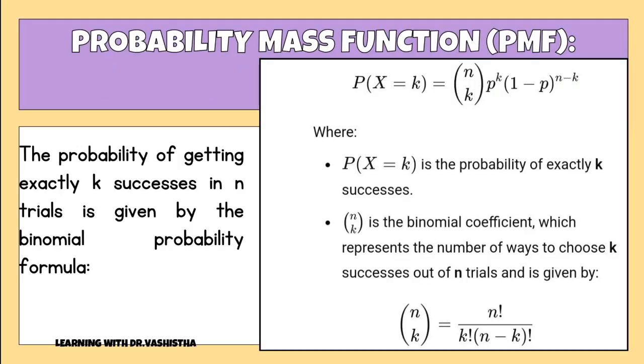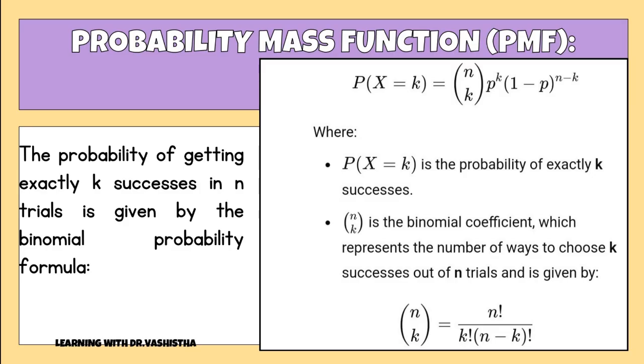The probability mass function can be found by the formula n factorial upon k factorial multiplied by n minus k factorial, where k is the number of events and n is the number of trials. So k is actually the event that we want to find out, or exactly the successes in n number of trials.